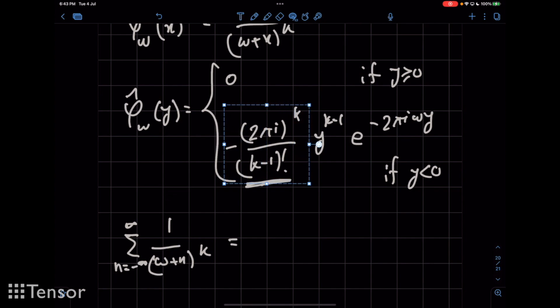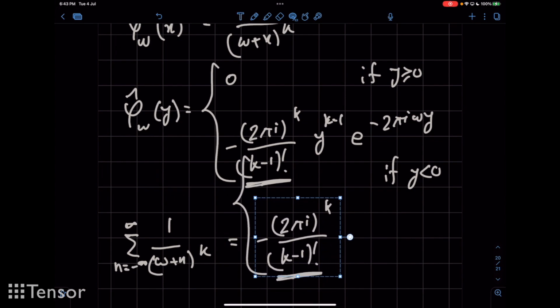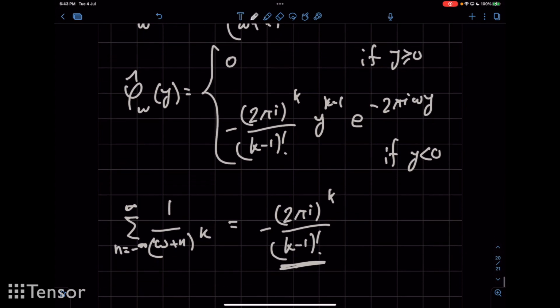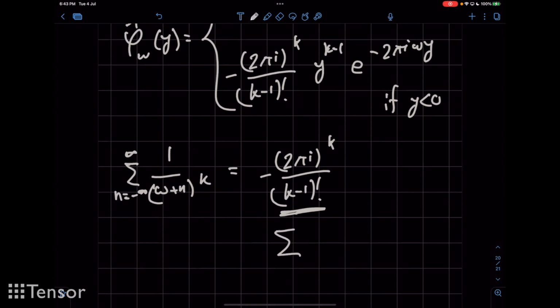This is a constant factor, so let's copy it. And then we have a sum. The sum of n to the k minus 1 e to the negative 2 pi i n w.